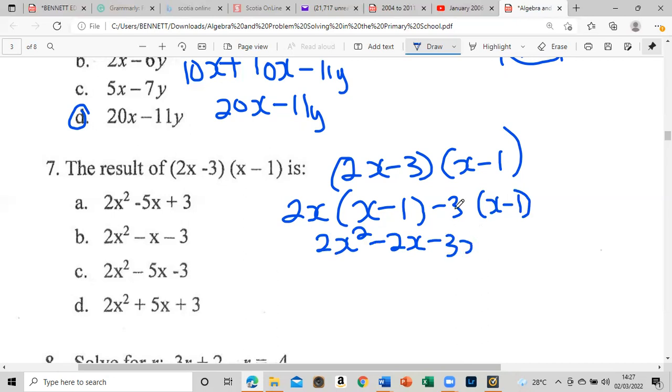And then now negative 3 times negative 1 gives us positive 3. Remember negative times negative is positive. So we group like terms here. It will be 2x squared, and both of these are negative, so we just add them.